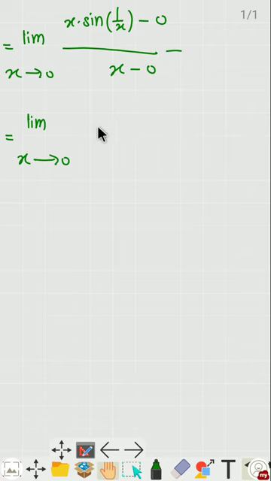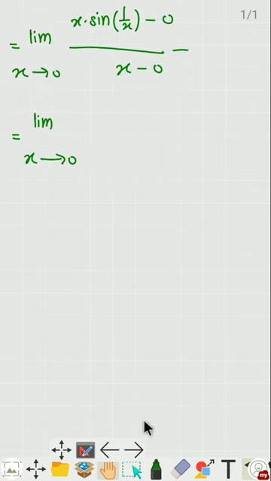So x and x will get cancelled, and what is left is sine of 1 upon x.